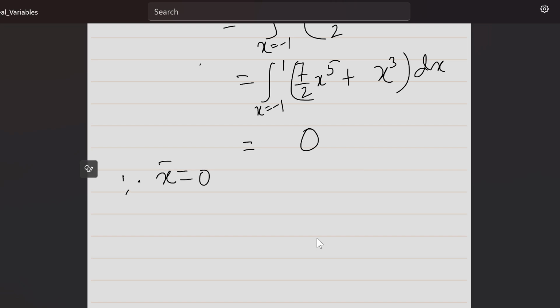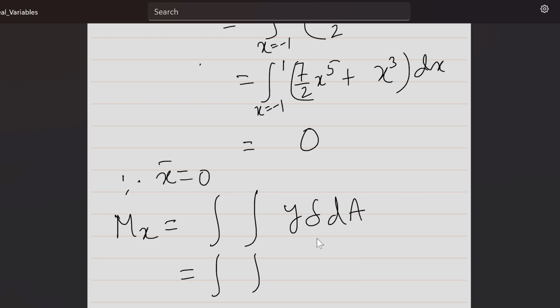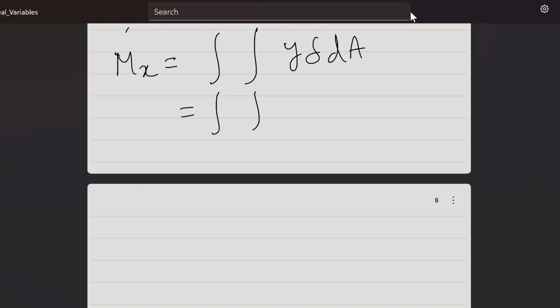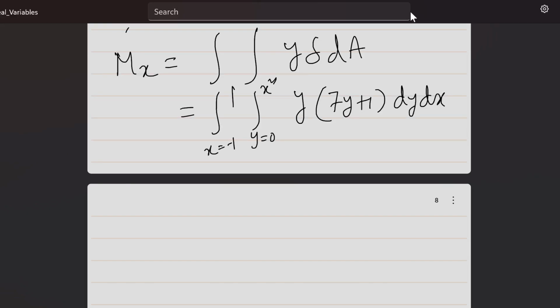Now we have to find y bar. For y bar you have to find Mx. Mx is again the double integral of y delta dA. dA is dy dx, and delta is given in the question. So y goes from 0 to x square and x varies from -1 to 1.